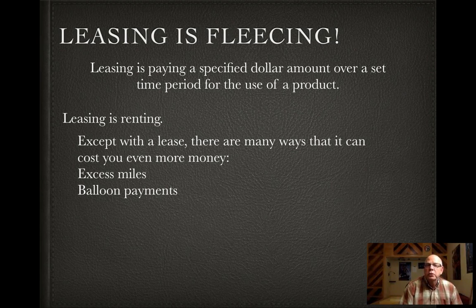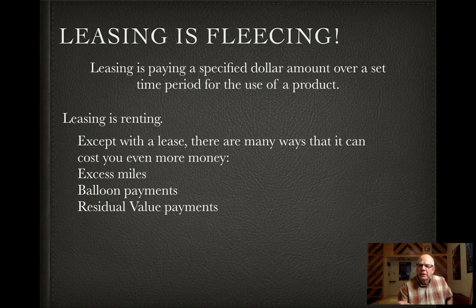Typically, a lot of times, there's a balloon payment at the end of the lease that you don't always know about. Residual value payments can be mixed up in a lease. Again, kind of like a balloon payment, you owe money at the end of the lease, specifically if you want to keep the car.